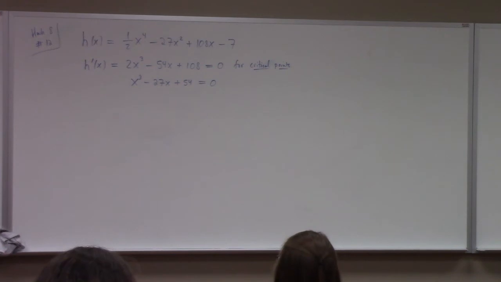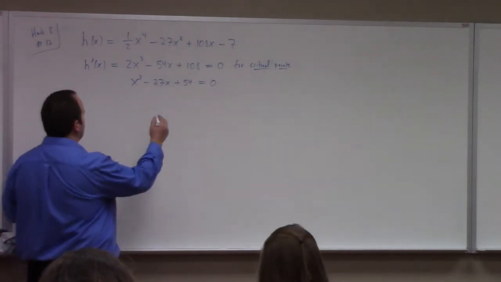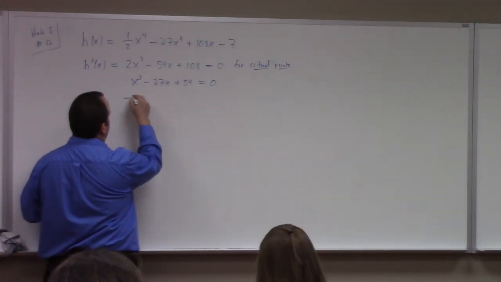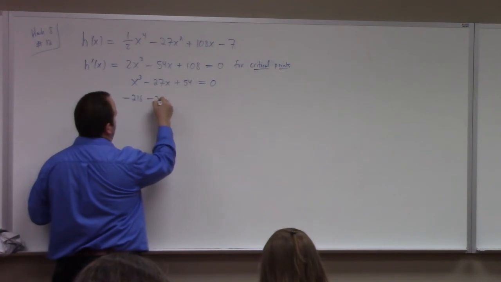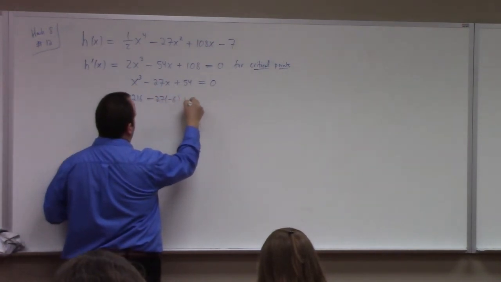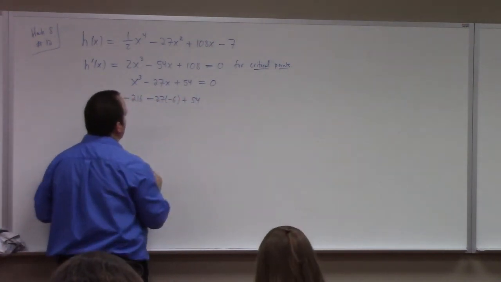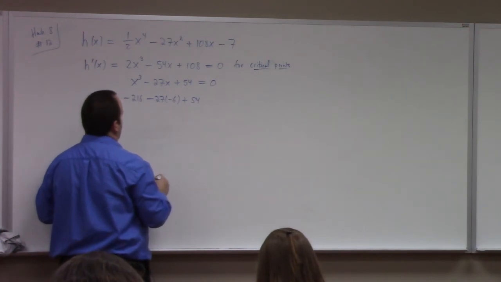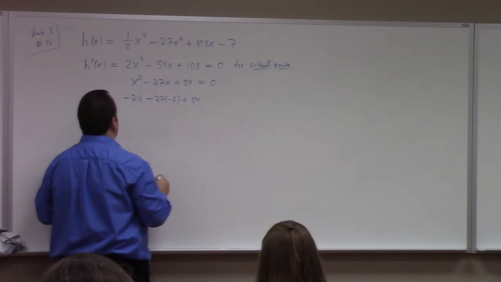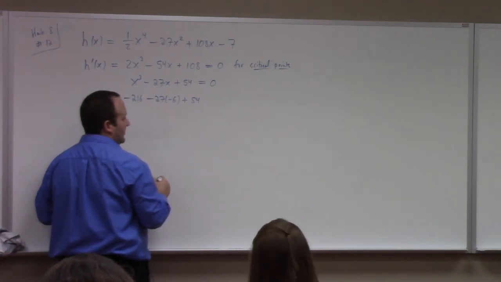What happens if we plug in 5? 125? Negative 6? Negative 6 gives me minus 216, minus 27 times minus 6 plus 54. I really wish I brought my calculator today.